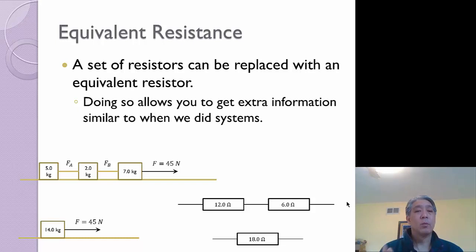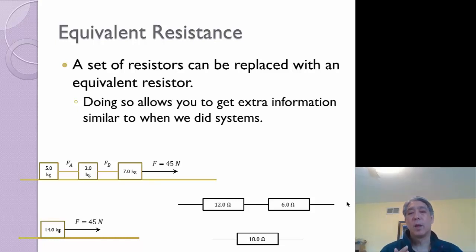So what we did was we replaced the three blocks with a single block whose mass was equivalent to 5 plus 2 plus 7, or basically the sum of all the blocks. As long as we didn't care about the forces inside our system, we were okay. And even when we did, we had additional knowledge that we could use to help solve our problem.